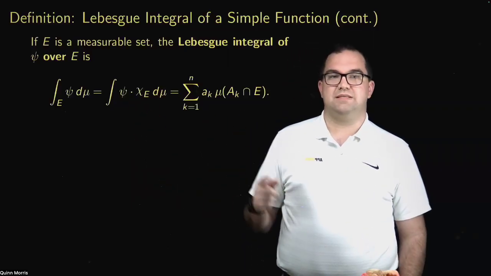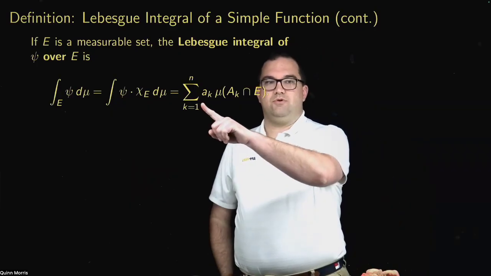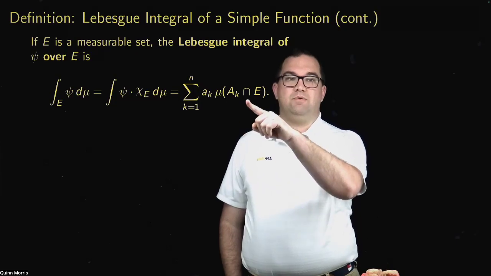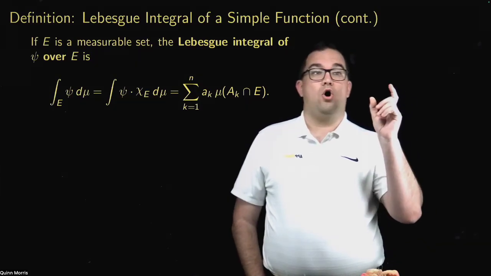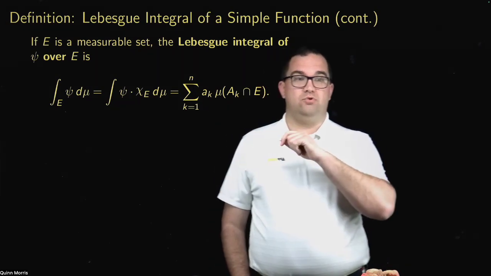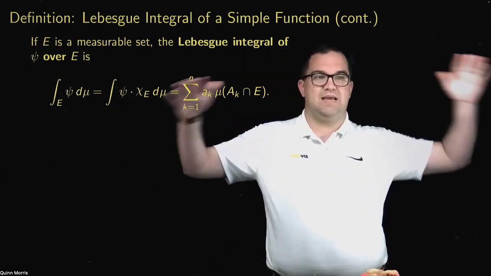And another way of expressing this is you take the value of the function, but instead of multiplying it by the full A_k, you intersect that with E. So you figure out where on E does the function psi take on this value A_k, not where does it take it on everywhere.